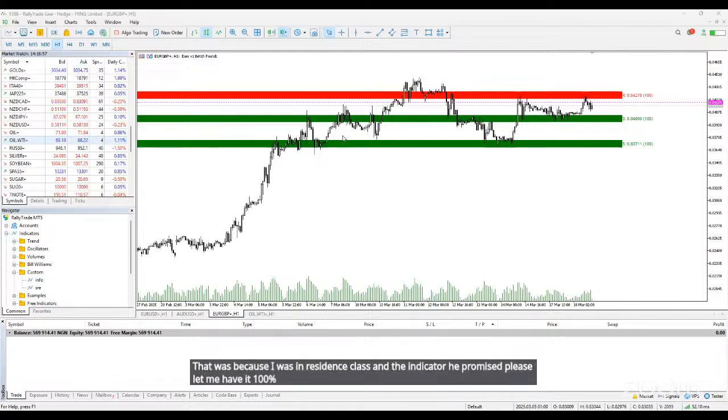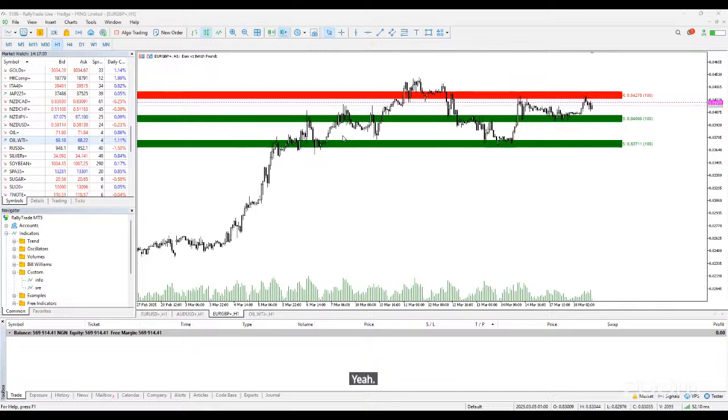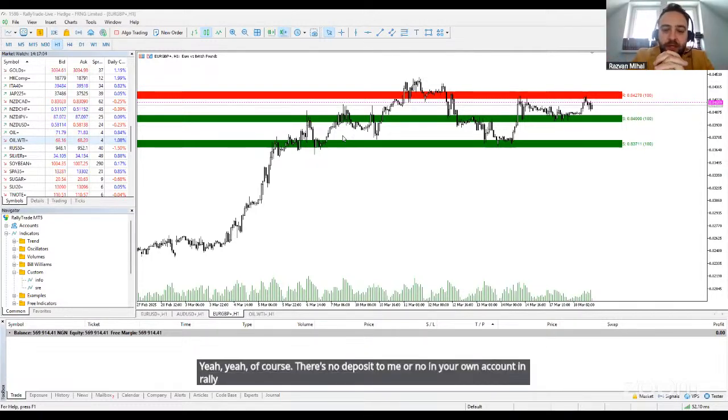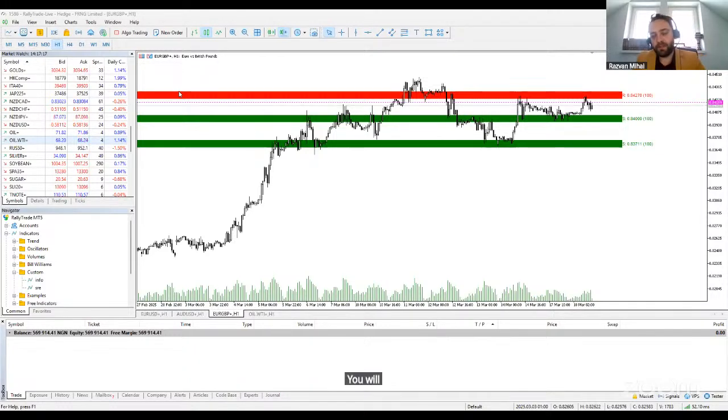I think that's what he's saying, right? Yes, of course. There's no deposit to me, it's in your own account, in Rally accounts. If you make a million deposit by the end of this month, which is a reasonable time, you will get both indicators for you to use wherever you want.